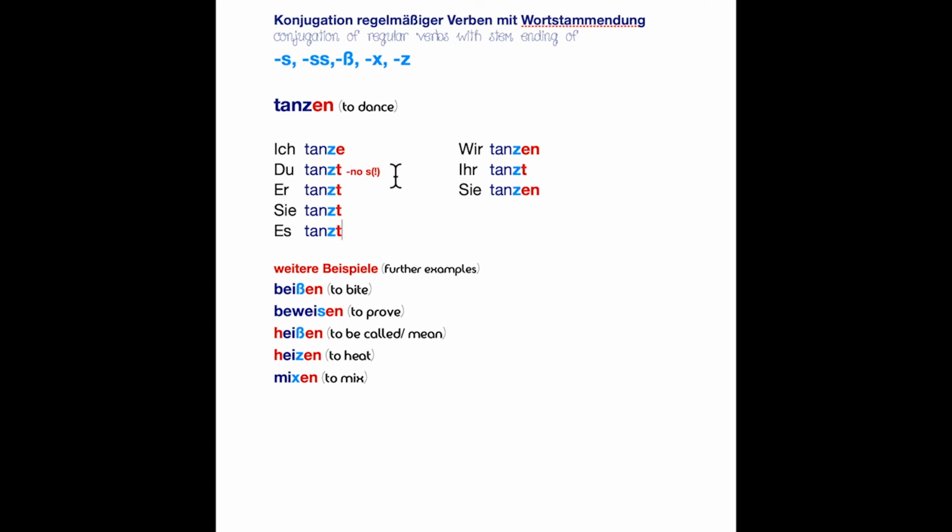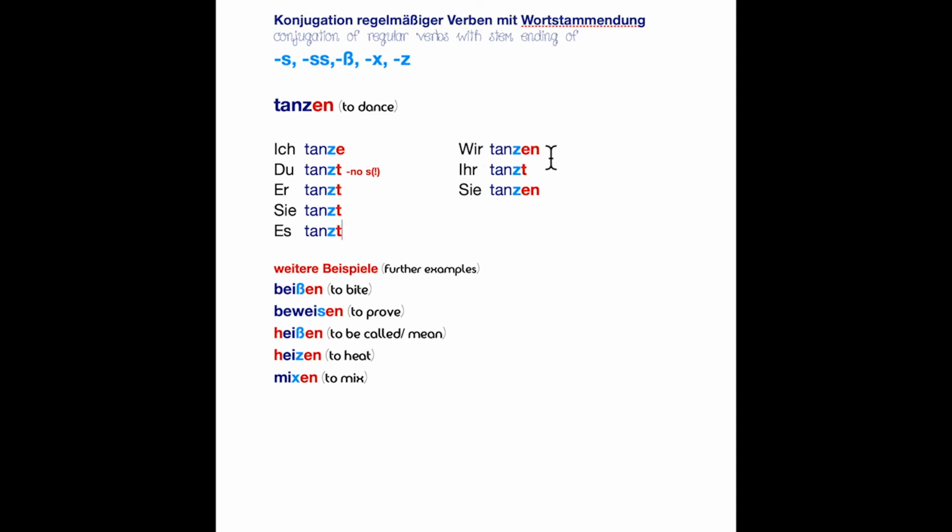Du, now the du already has an exception. In all the different versions I've just spoken about, there was always an ST here. Well, with a Z or any of those letters above, you don't need it. So it says du tanzt. Now here, er, sie, es tanzt. You just add to the word stem the letter T.